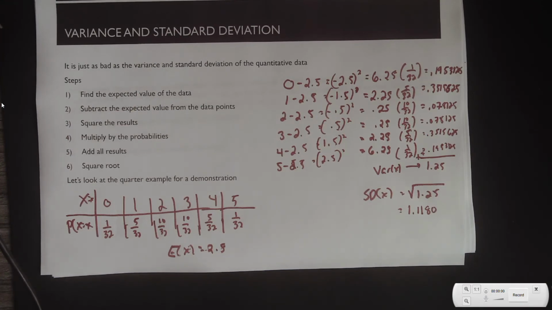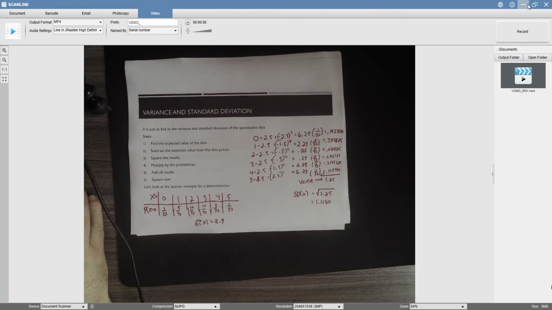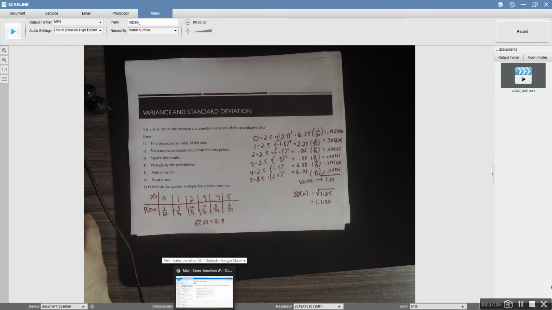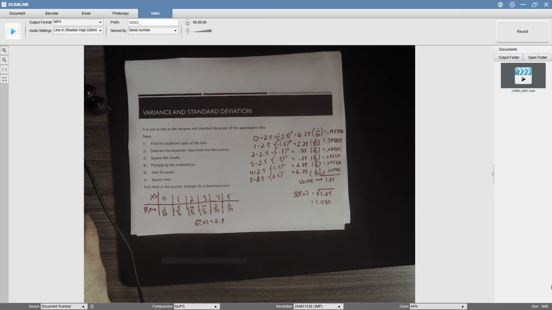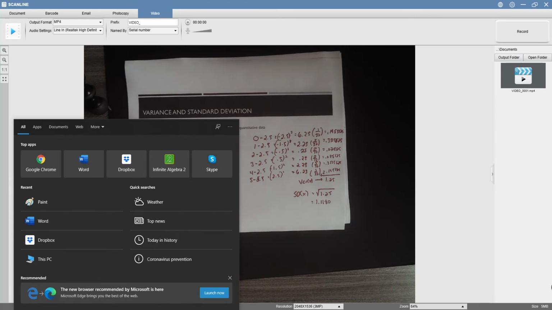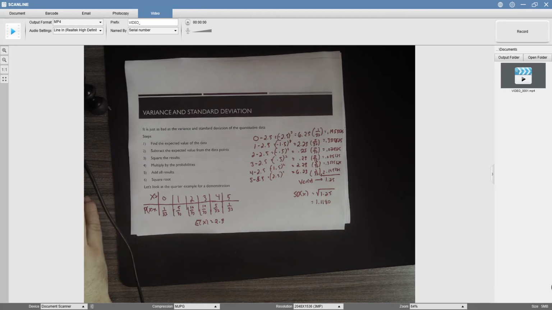Now, we can do this all in StatCrunch. So let me pull that up real fast. Okay.